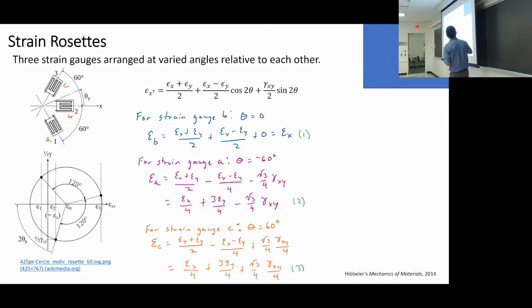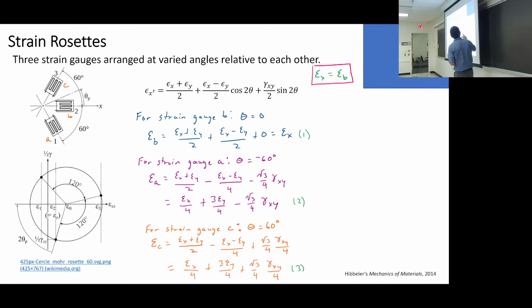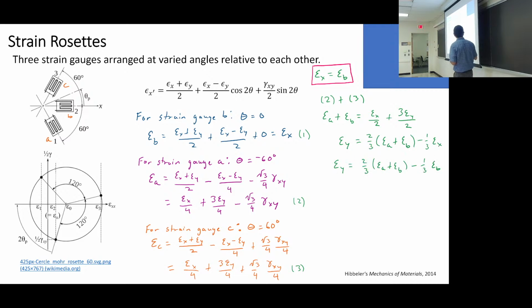And once again, I can solve for the different strains. I want to say stresses. The different strains in the system if I have values from all three of these. So here comes epsilon y, and then gamma xy is going to be this expression right here.